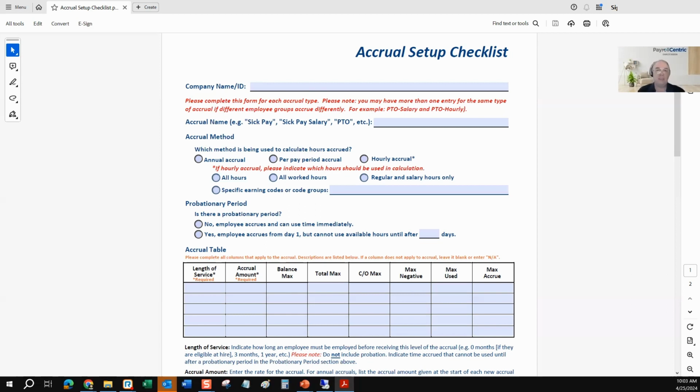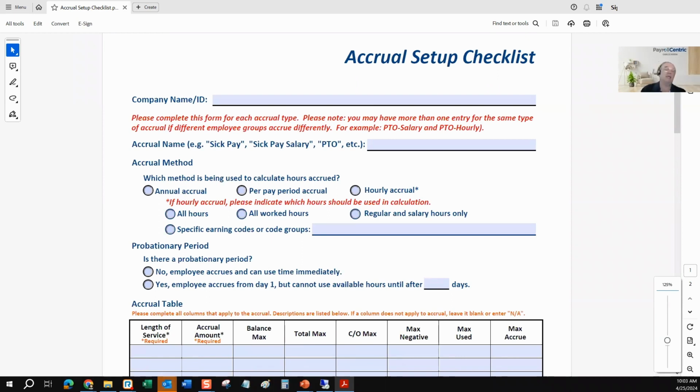Here you see the actual worksheet that we have, because there's a lot that's involved in an accrual setup. How many times per pay, is it per pay period? Is it hourly? Is it monthly? Are there different accrual tiers, rates of accrual depending upon length of service?